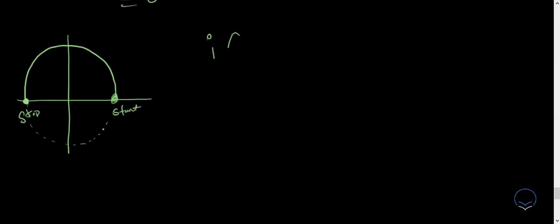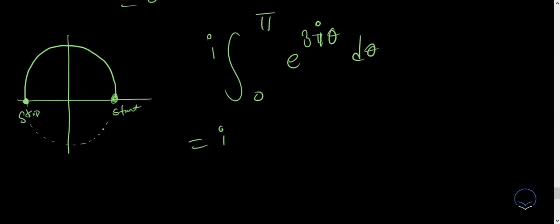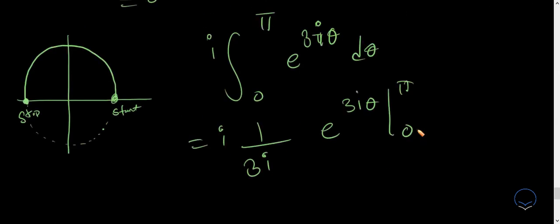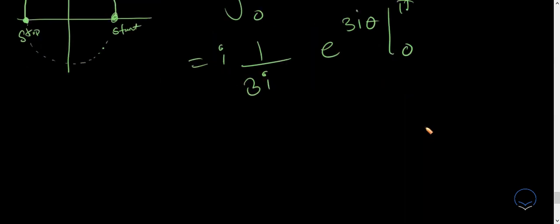So if you just do it like this, 0 to pi, e to the power 3i theta d theta, you'll have i times 1 by 3i, e to the power 3i theta from 0 to pi, right? So now you just have to put your values in instead of theta.